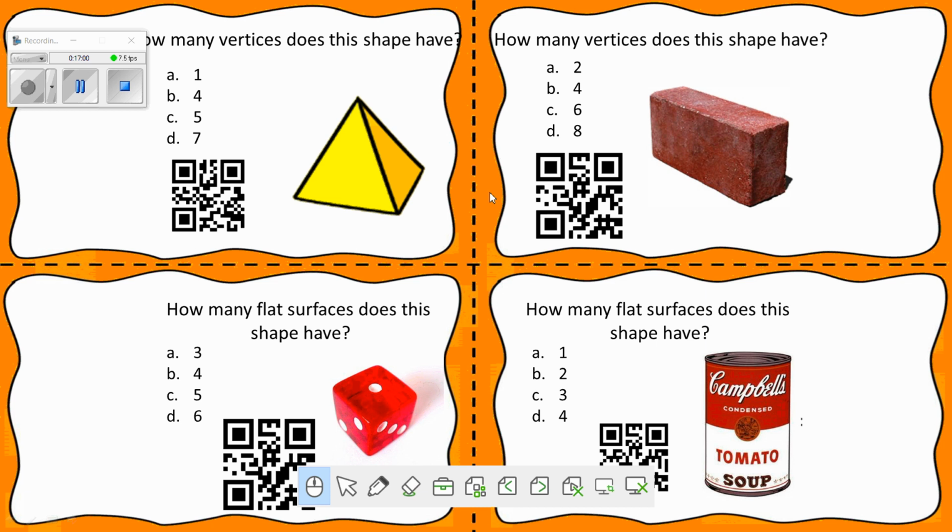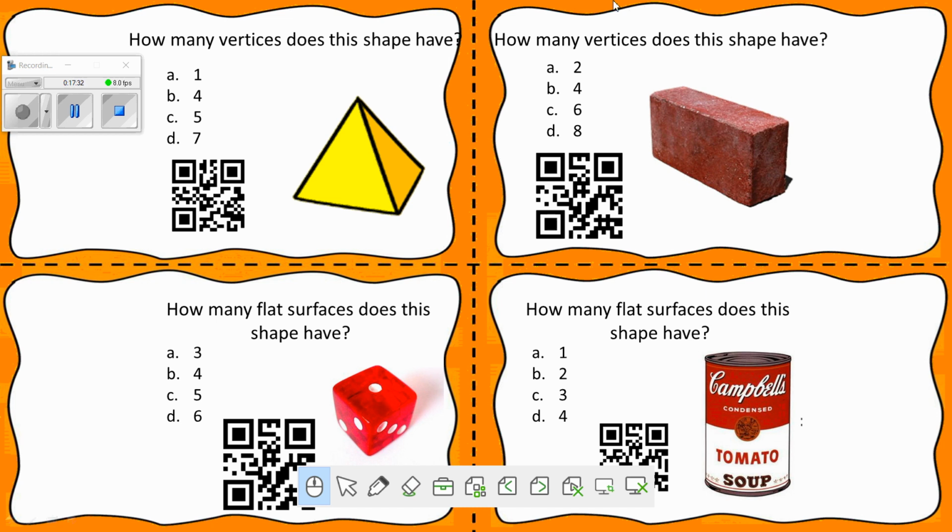Now, the same game. What does this shape have? This is pyramid, and the pyramid has how many vertices? 5. We said 5, 8, 5. 5 faces, 8 edges, and 5 vertices.